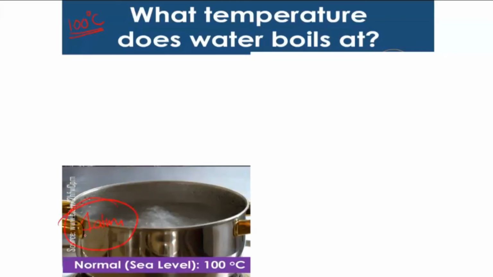At 1 atm pressure, a lot of gases are exerting pressure, so the liquid has to reach around 100 degrees Celsius to come out in the form of vapors and push against that atmospheric pressure. Only then will it start boiling.